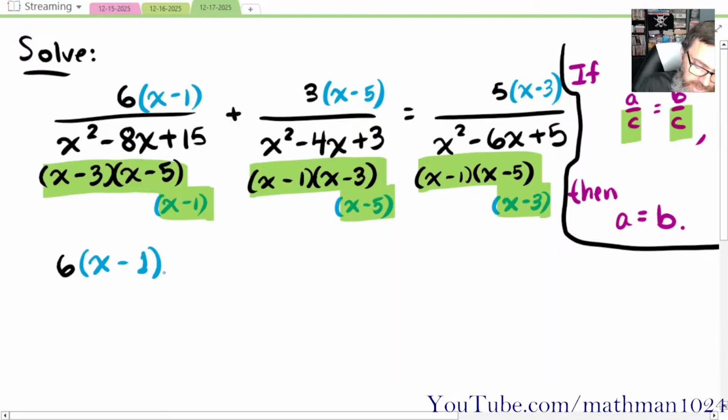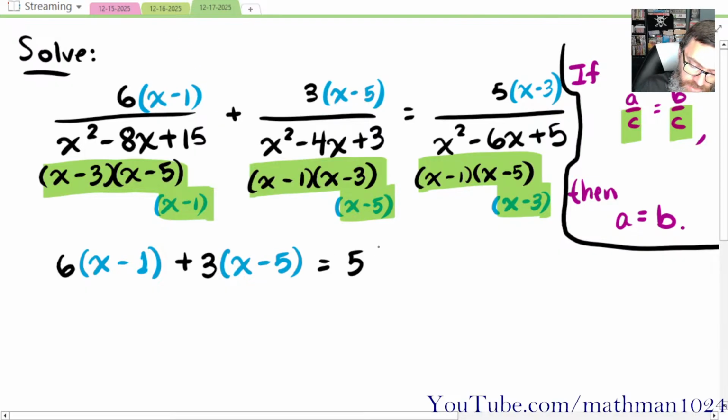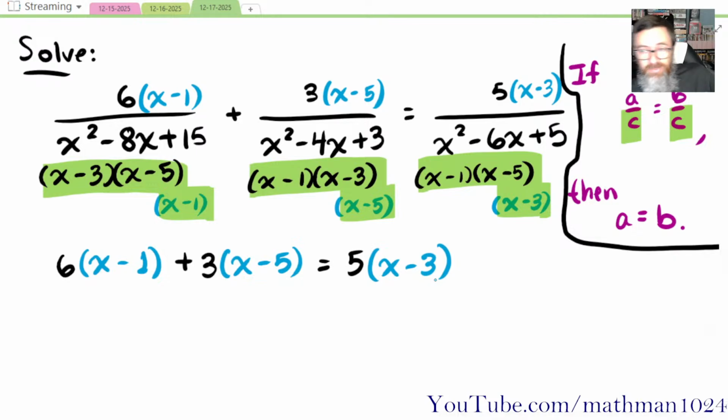So we got 6 times x minus 1 plus 3 times x minus 5 equals 5 times x minus 3.